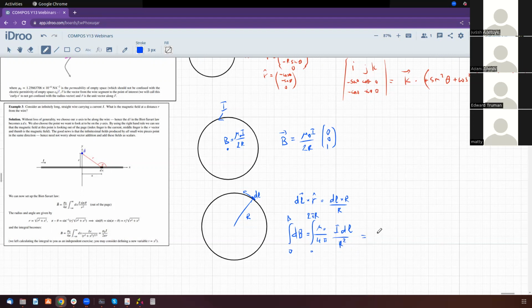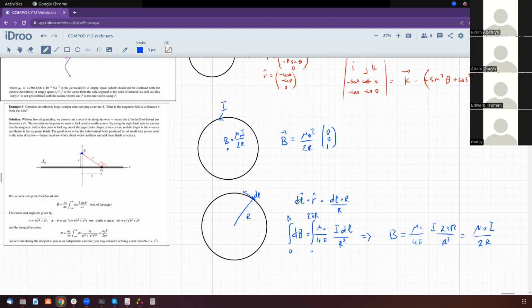So from here you get B is equal to mu0 over 4 pi, that's a constant. I is a constant, and then 2 pi r divided by r squared, and all that cancels out to mu0 I divided by 2r. So you could do this simpler.